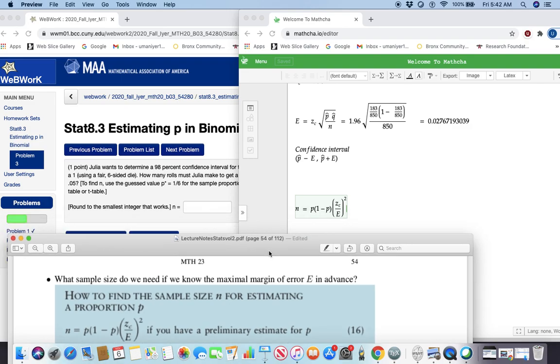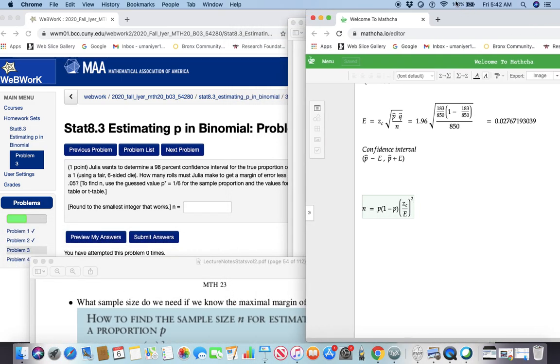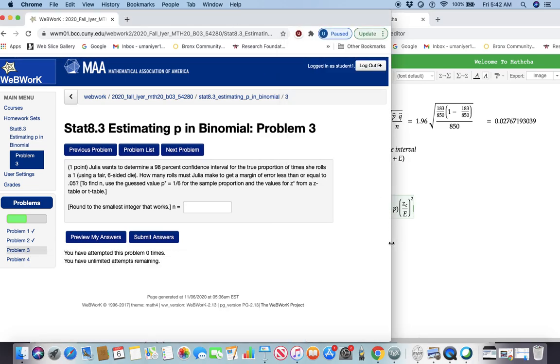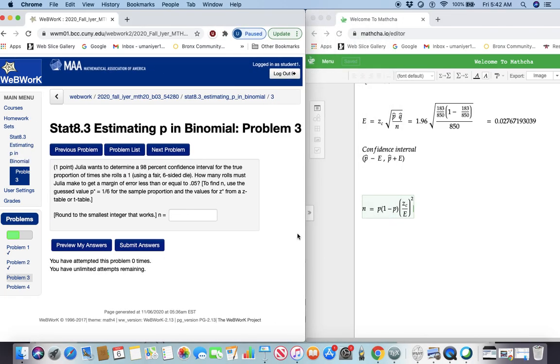So in our story, let me write down all the ingredients for our problem. P is 1 over 6. They are telling us to use this as an estimate. E is 0.05. Sorry, margin of error less than or equal to, so this is the maximum that you're allowed.